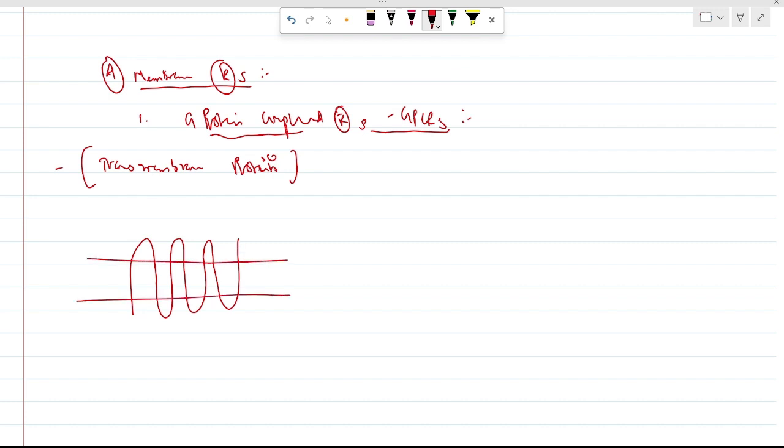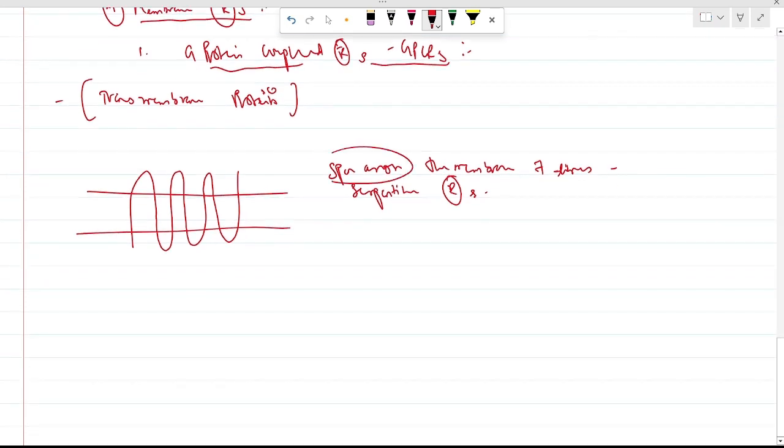These receptors span across the membrane seven times. So these are called serpentine receptors. These receptors are called serpentine receptors. They span across the membrane seven times.